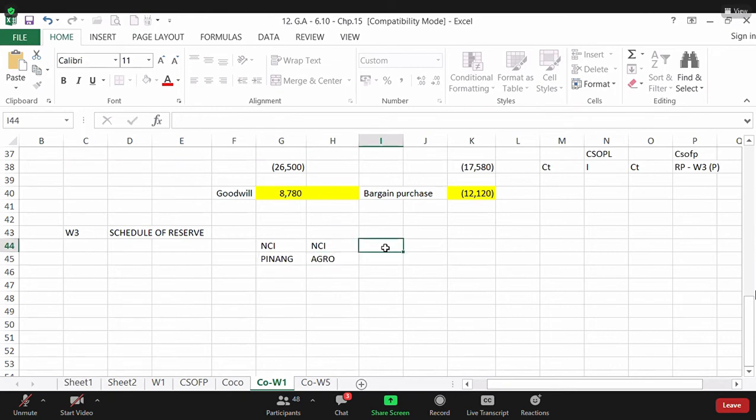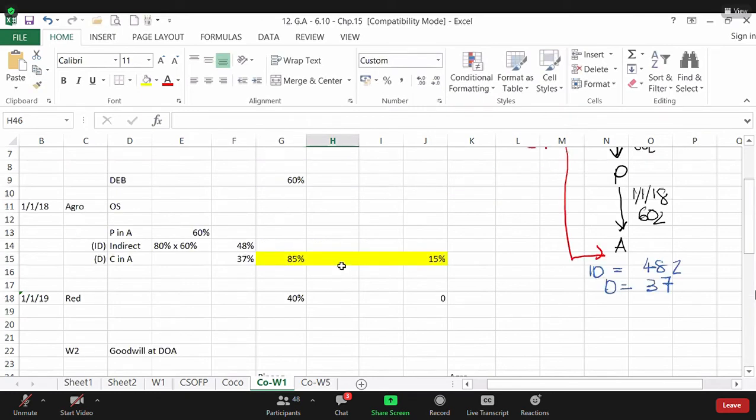And then what kind of reserve do we have in our books? We have RR and we do have RP. So Penang is 20% and for Agro is 15%.